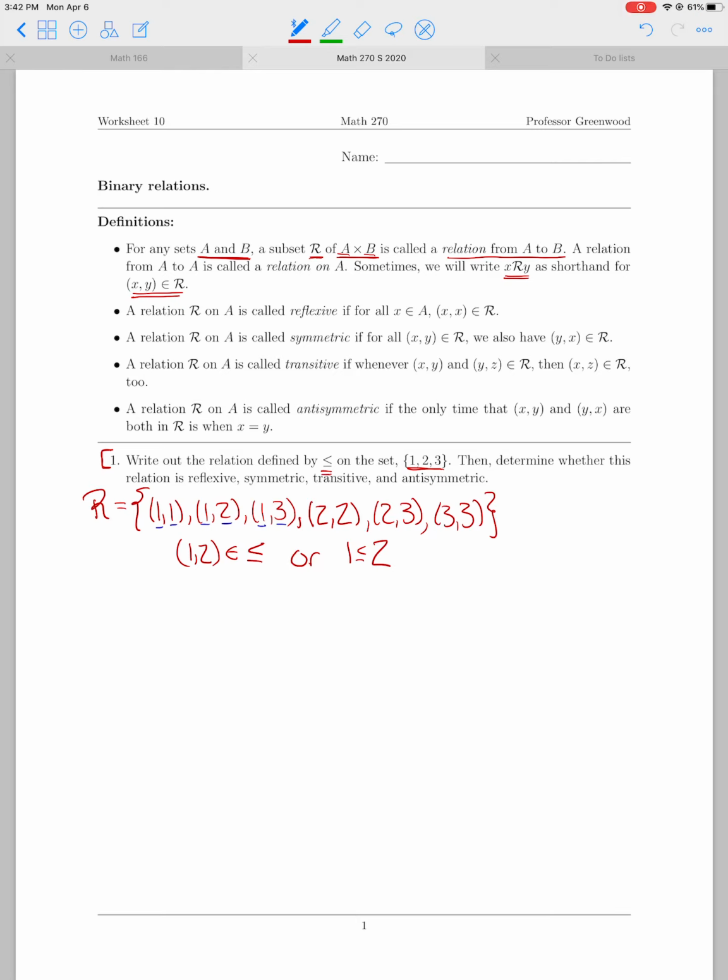Both of those mean the same thing. This is certainly an abstract way of looking at the symbol less than or equal to, where now that symbol is a list of ordered pairs, but these both just mean the same thing. It's just notation.